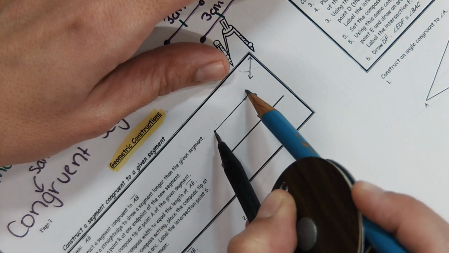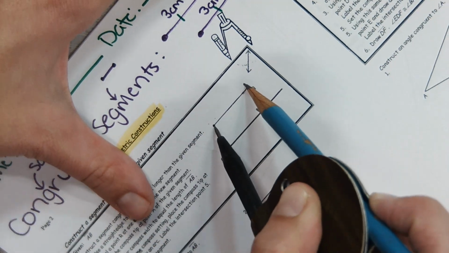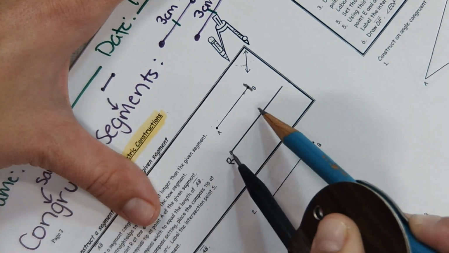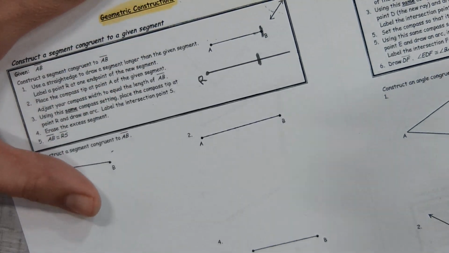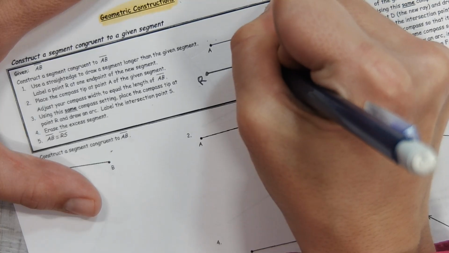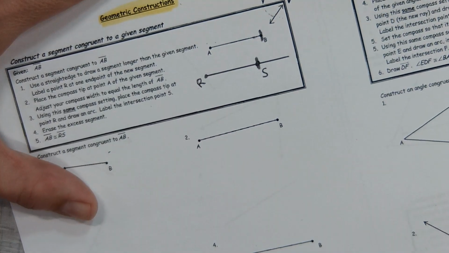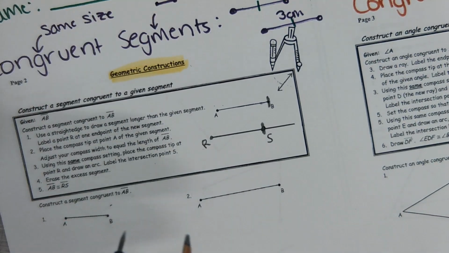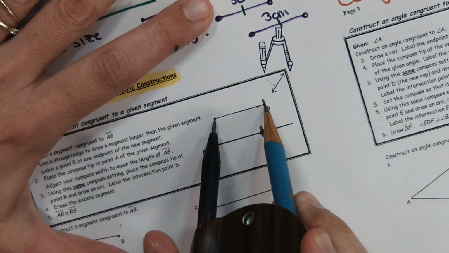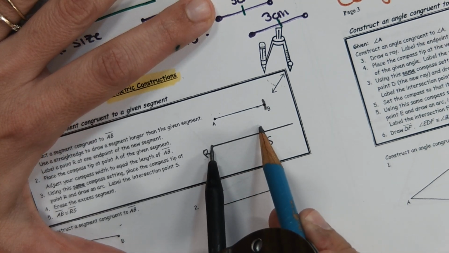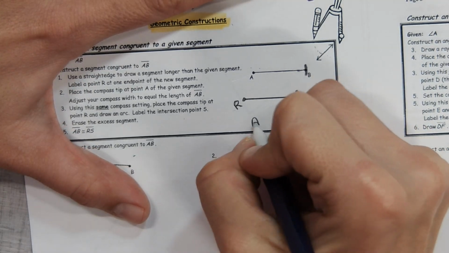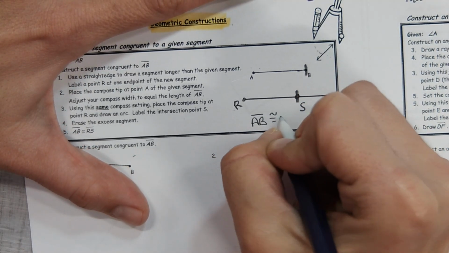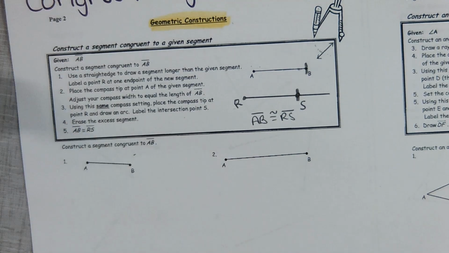So I measured from A to B. I had to adjust this. I had to even loosen it a little bit because mine wouldn't adjust. I made a mark on point B like this, and then put it on R and make that same mark. And then where that intersects, I'm going to label it point S. So again, I measured from A to B, and then put this on R, and made a mark on point S. And I can say that segment AB is congruent to RS.